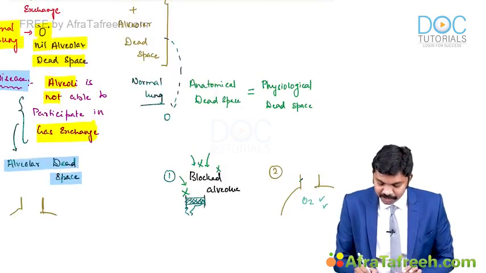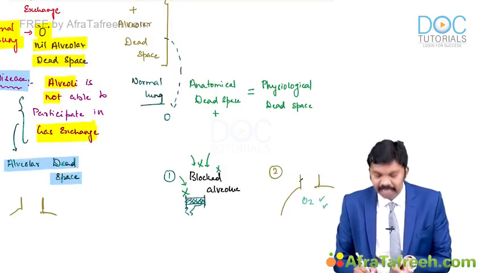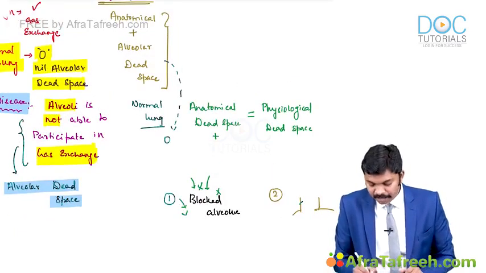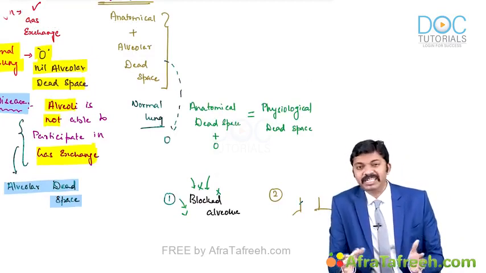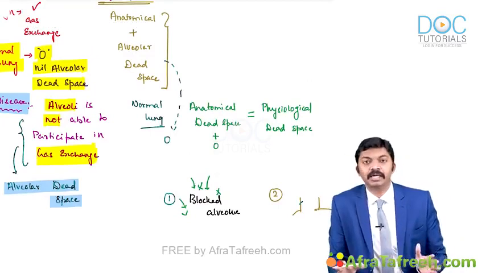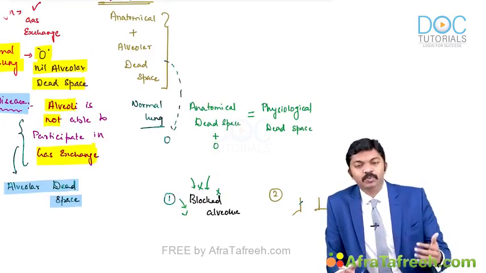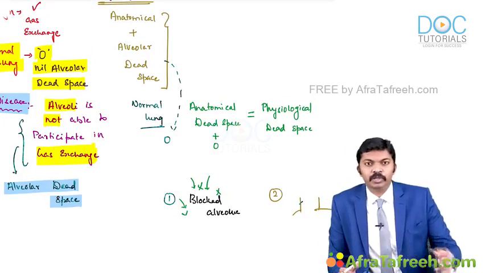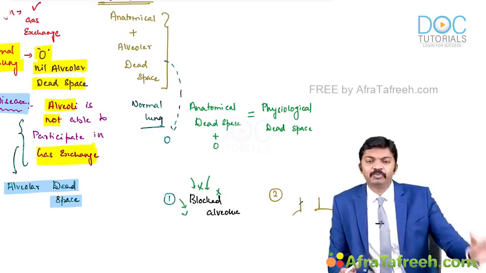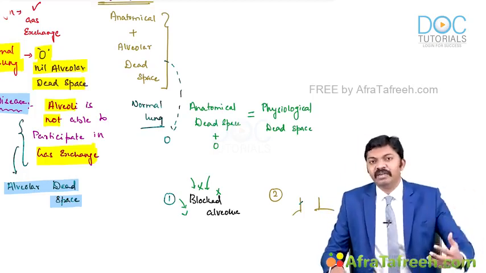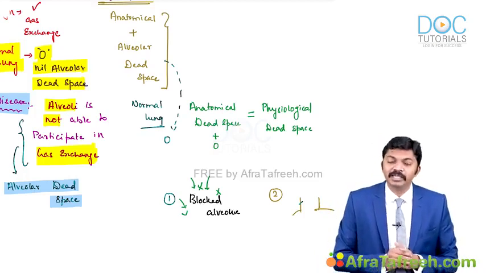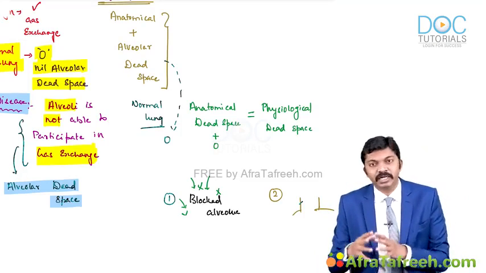Because physiological dead space is equal to anatomical plus alveolar dead space. In a normal lung, alveolar dead space is 0. So, anatomical dead space plus 0 is physiological dead space in a normal healthy lung. Only when there is pathology, only when there is thromboembolism, capillary failure, cardiac output failure, in these conditions, there is going to be an addition of alveolar dead space. Together they contribute to physiological dead space, doctors.